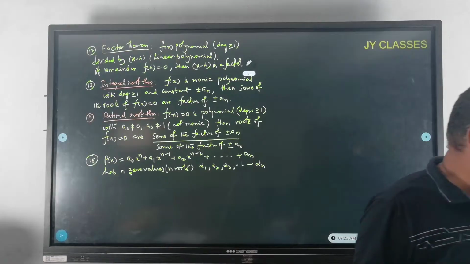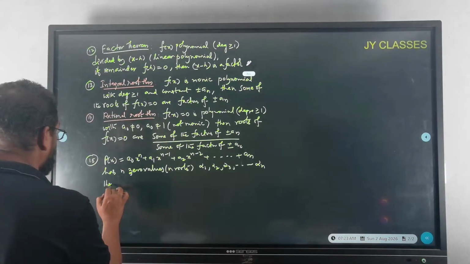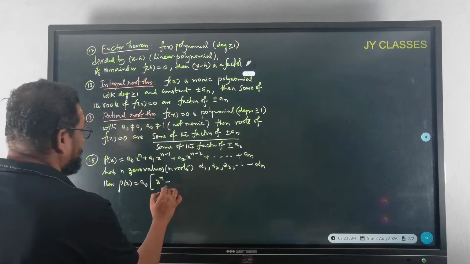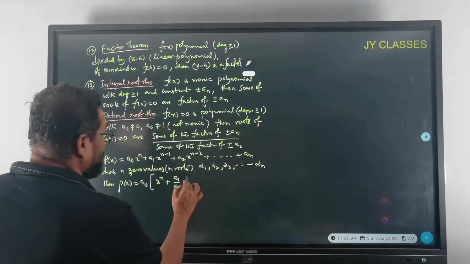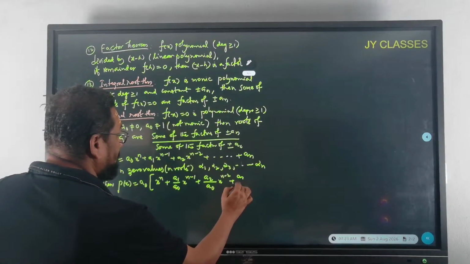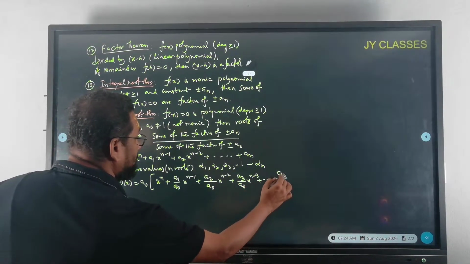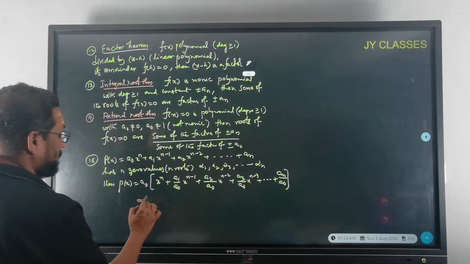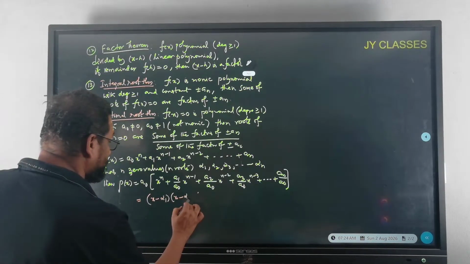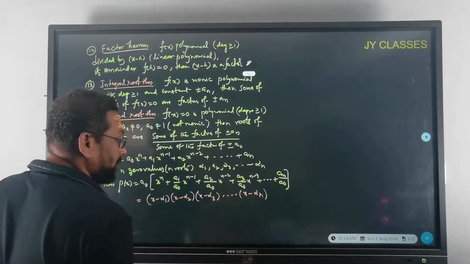Then P of x is equal to a naught into x power n plus a1 by a naught x power n minus 1 plus a2 by a naught x power n minus 2 plus a3 by a naught x power n minus 3 and so on plus an by a naught, which is equal to x minus alpha 1 into x minus alpha 2 into x minus alpha 3 and so on x minus alpha n.